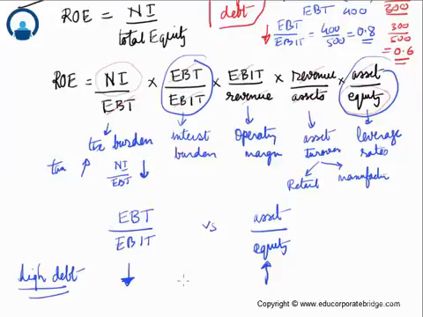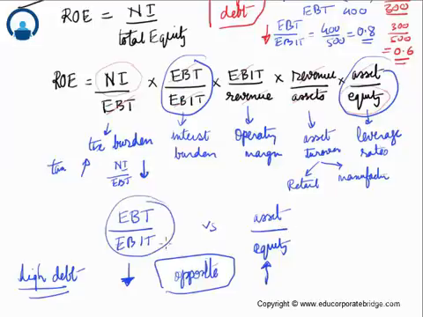So what we see is that these have opposite effects: EBT divided by EBIT will lower your ROE, however assets upon equity will improve your ROE. So you cannot say that higher debt will lead to higher ROE. You need to watch out for your interest expense accordingly.